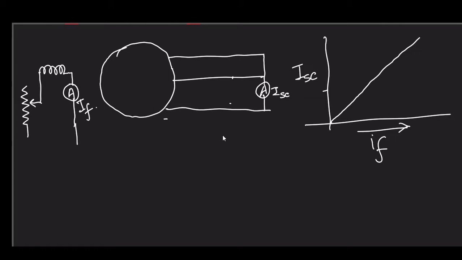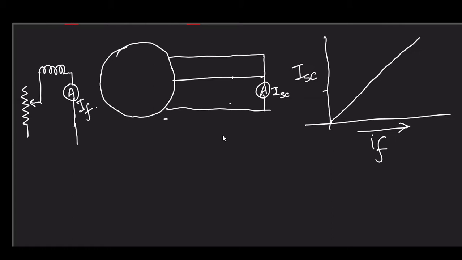This one is exactly similar to your short circuit test on a transformer, where you do not care about how much voltage you apply across your high voltage winding. What you care about while conducting the short circuit test is the amount of current flowing through your primary side winding or high voltage winding.